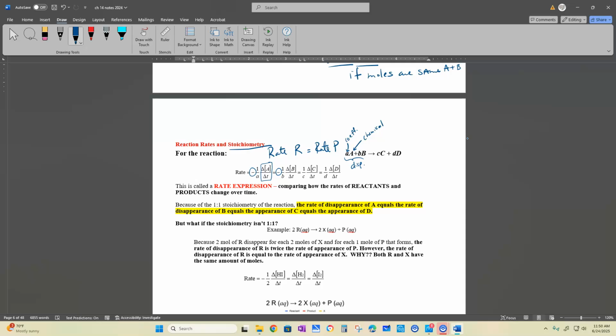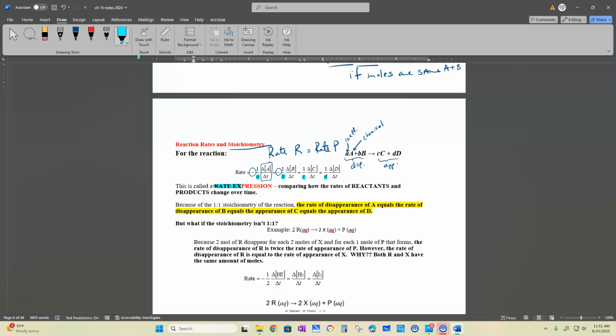And then B, because it's a reactant, change of B over time. But then C and D are appearing: C over time and D over time. The only thing that makes it different are these coefficients. But we didn't deal with that in the problem above because everything was 1-to-1-to-1.